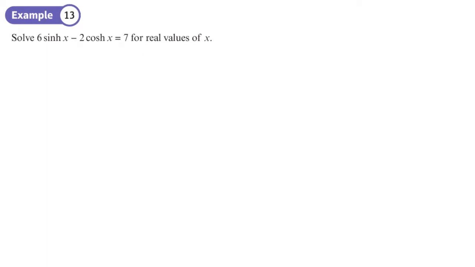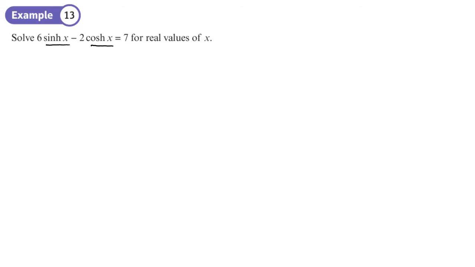Here we are trying to solve an equation. Now the way that we solve hyperbolic equations is we're going to replace sinh and cosh with their exponential definitions. So there's no CAST diagram or anything like that. These are exponentials here.